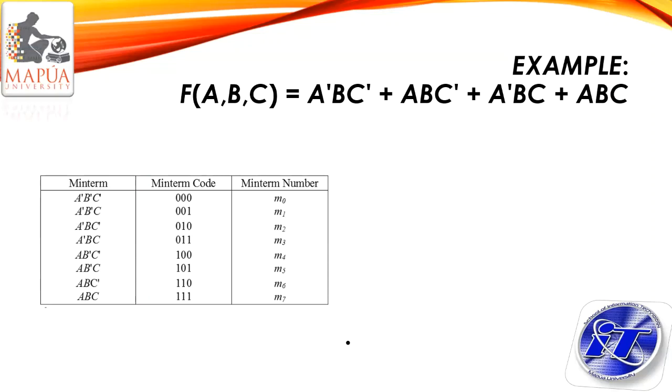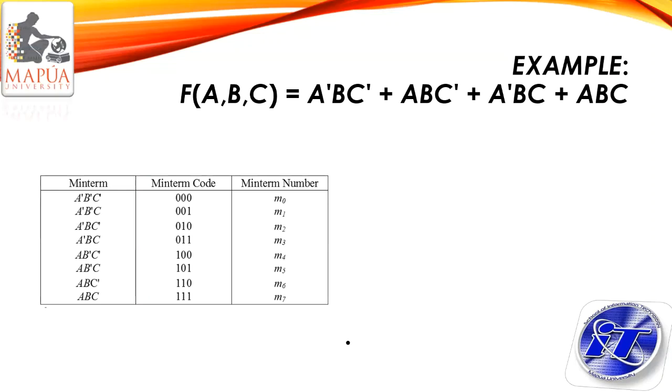Also, a min term represents a product term that produces an output of 1. So in this equation, all these product terms give us an output of 1: A' B C' has an output of 1, A B C' has an output of 1, A' B C has an output of 1, even A B C has an output of 1.